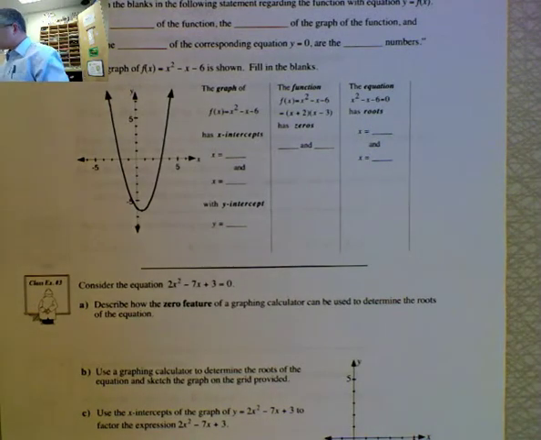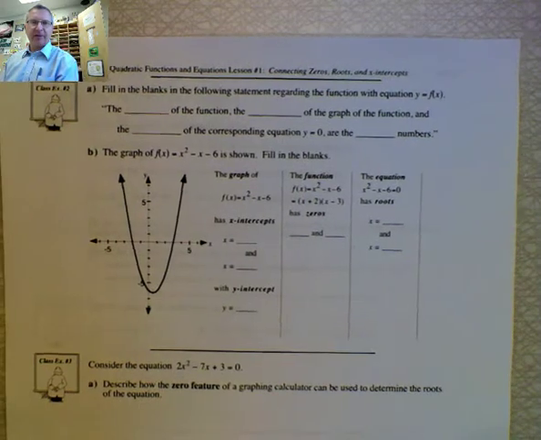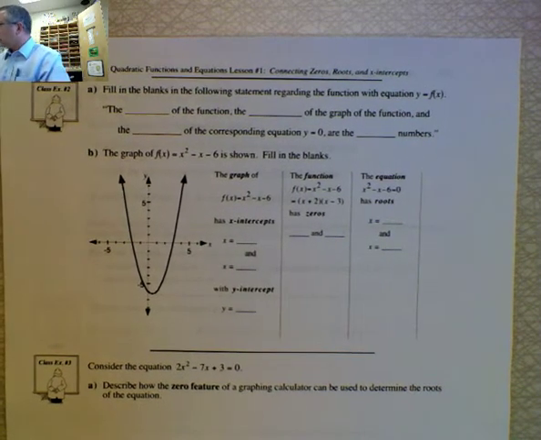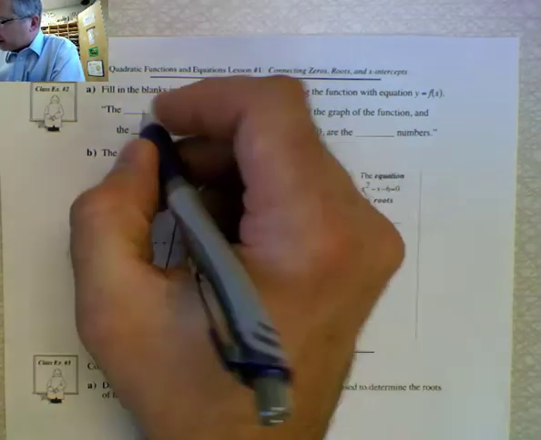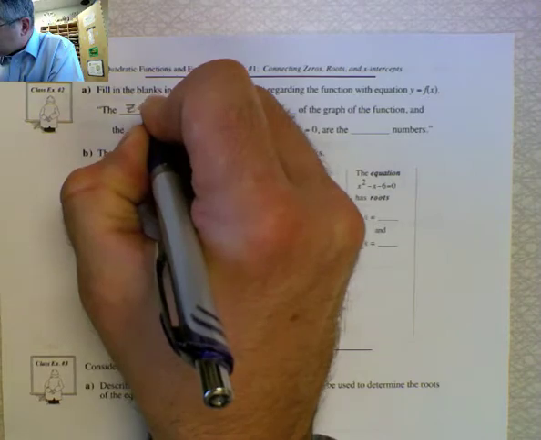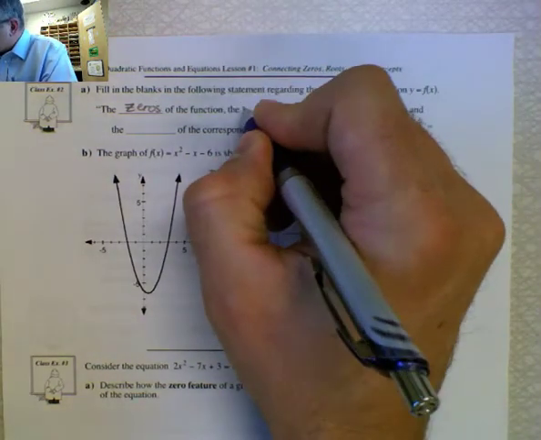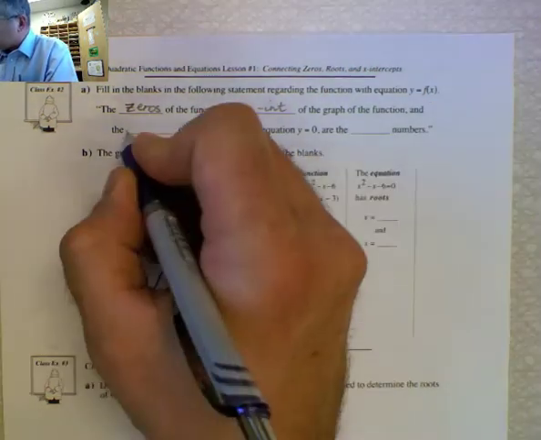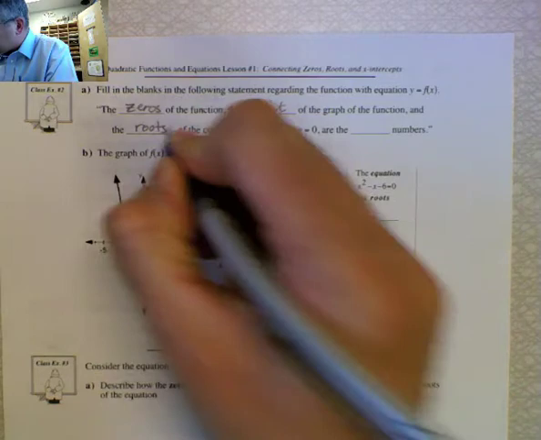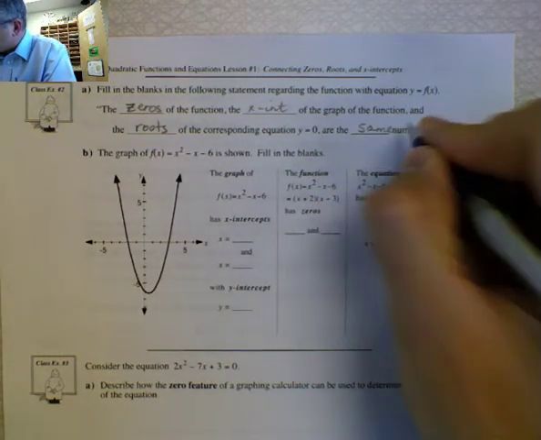Okay, we're going to skip the next page. We're going to go to page 294. And at the top of page 294, we're going to summarize what we just talked about in terms of x-intercepts, roots, and zeros. So it says the zeros of the function, the x-intercepts of the graph, and the roots of the corresponding equation are the same numbers.